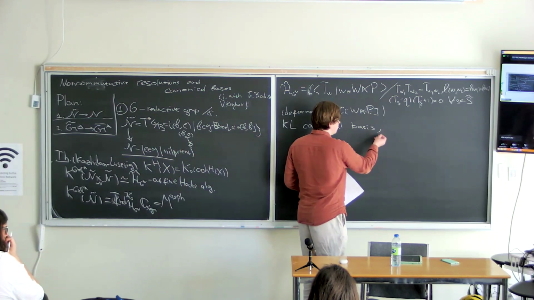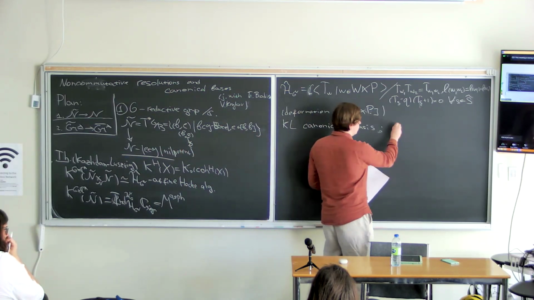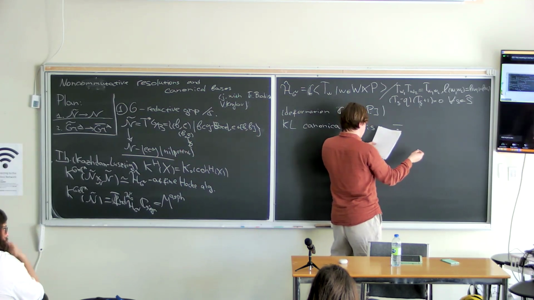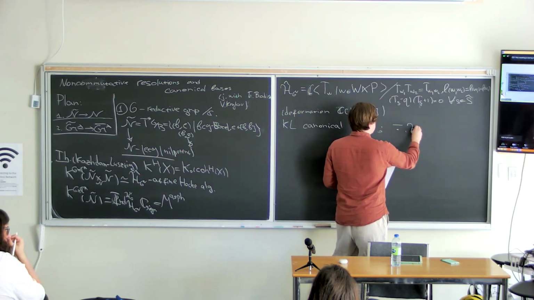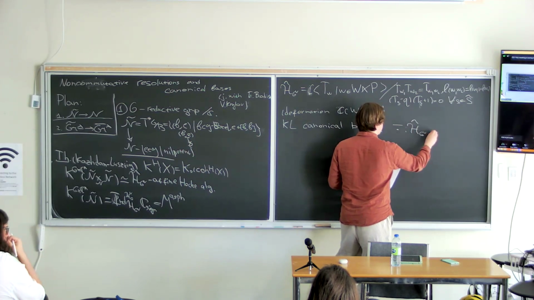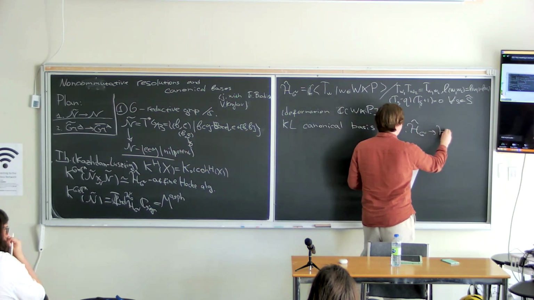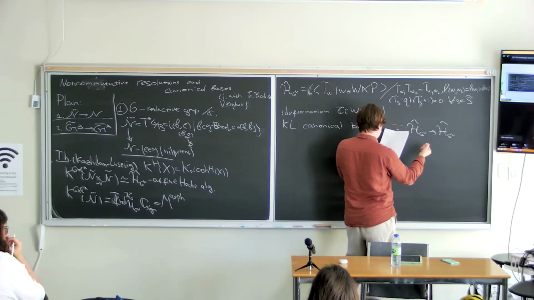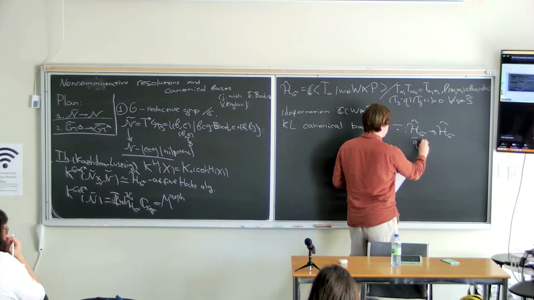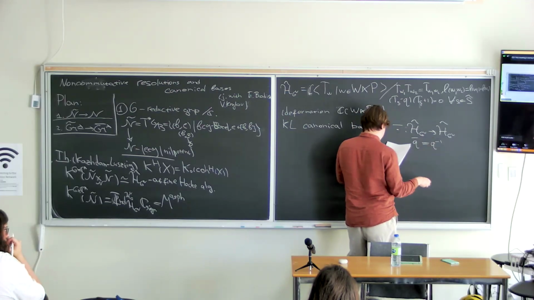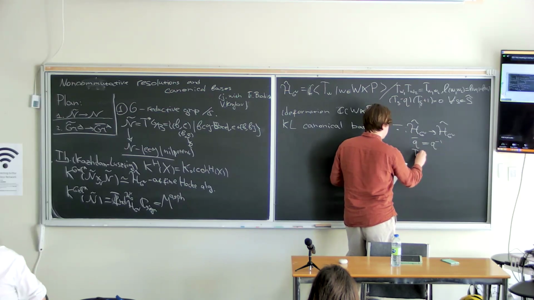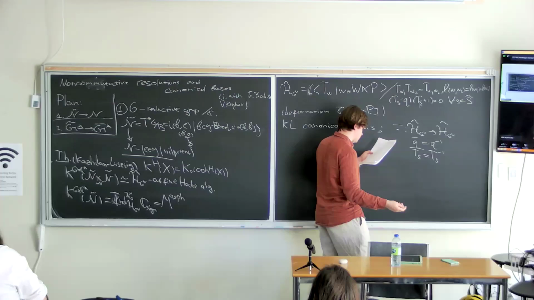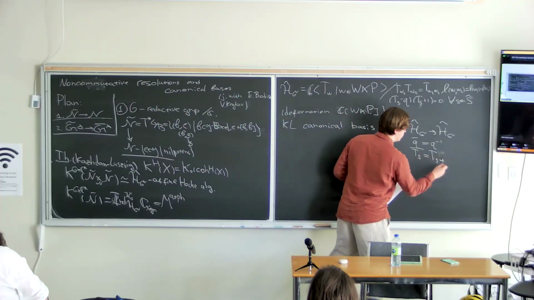So first, one can define the bar involution of the Hecke algebra. It is defined by the following rule. So q bar is q inverse, and T_s bar is T_s inverse.